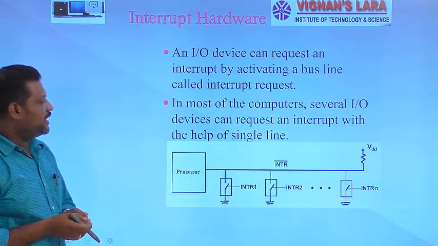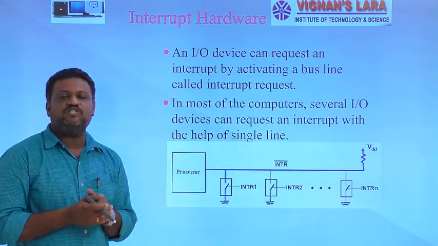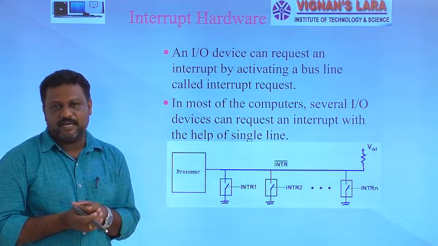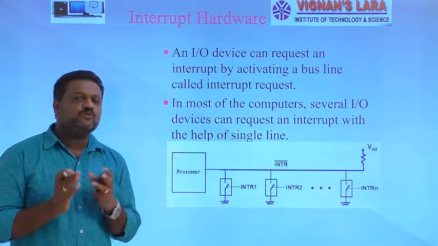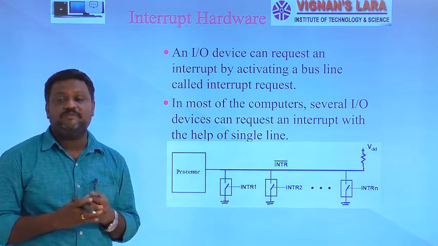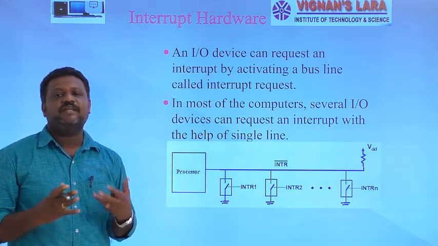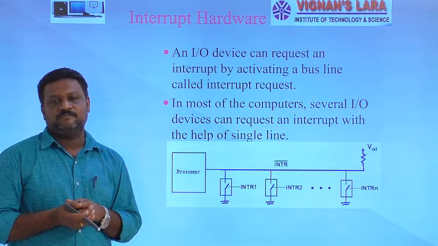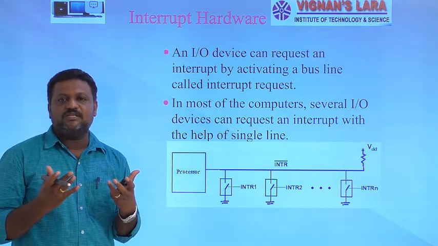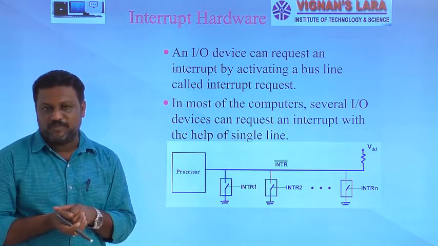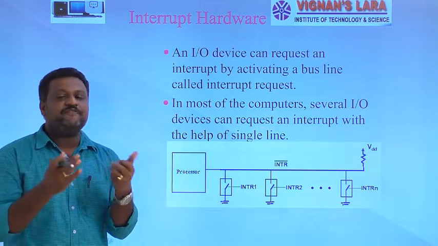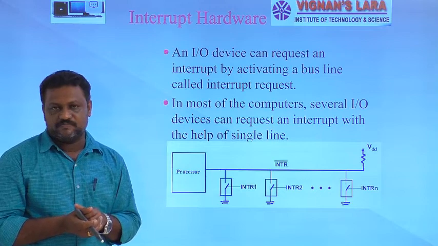Fine. And the next important thing is how our CPU recognizes interrupts which are issued by an IO device. Because we know that each and every IO device is able to generate its own request signal. The generated request signal of an IO device is transferred to your CPU in different ways in different systems.